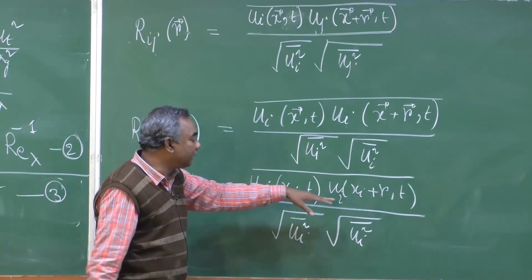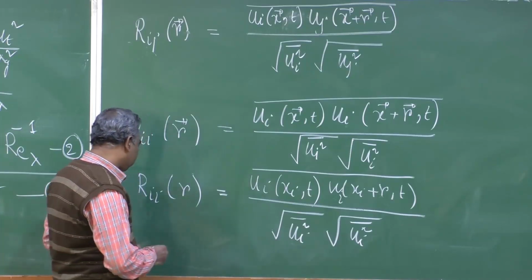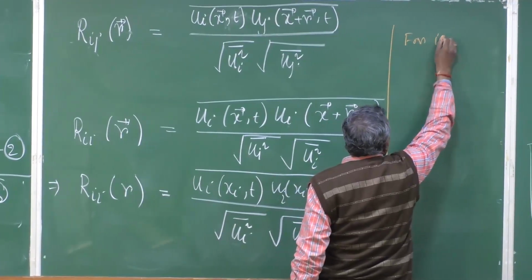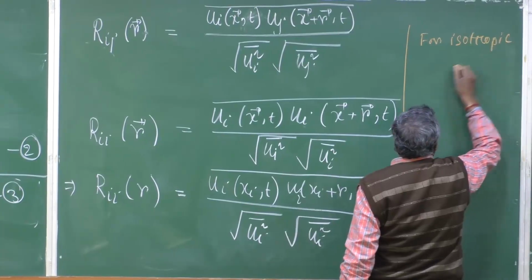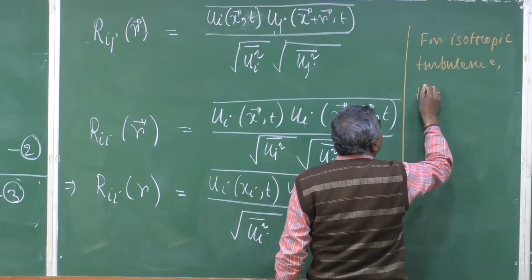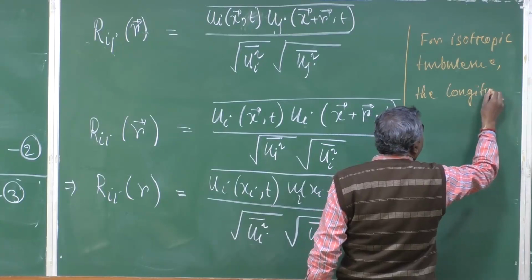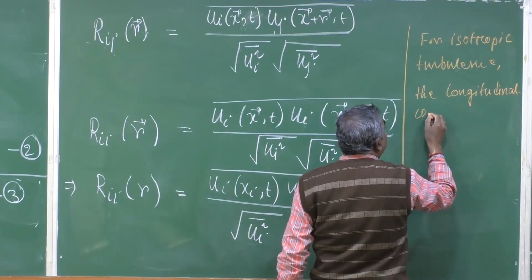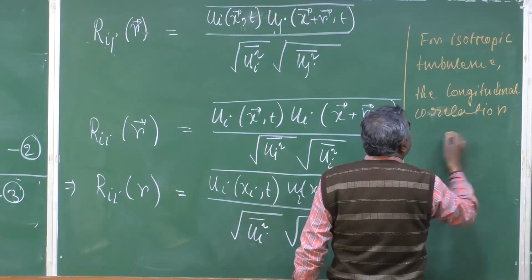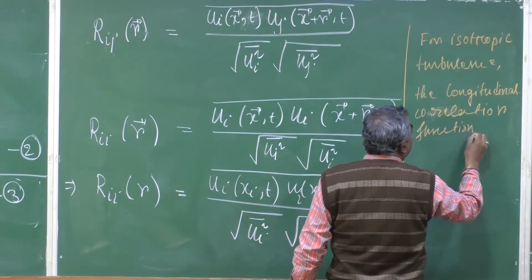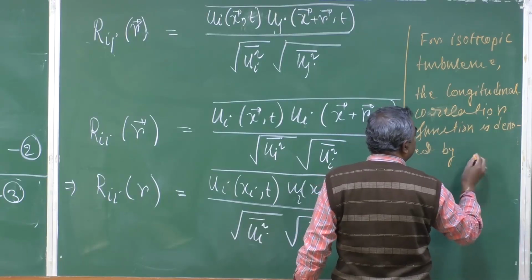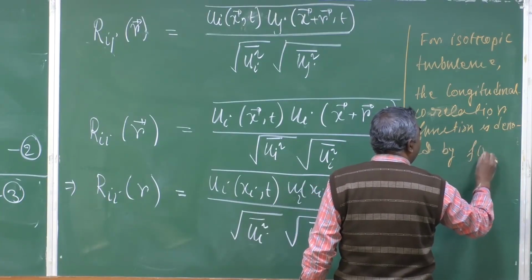In the case of isotropic turbulence, the longitudinal correlation function is denoted by f of r.